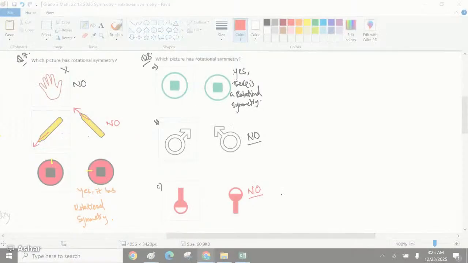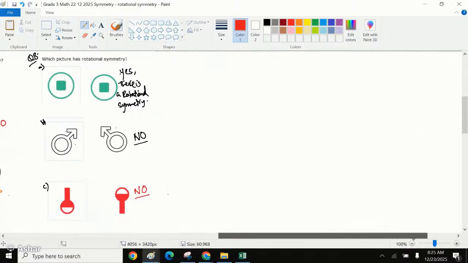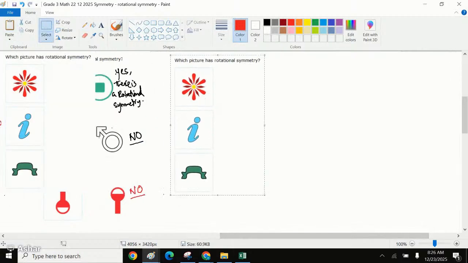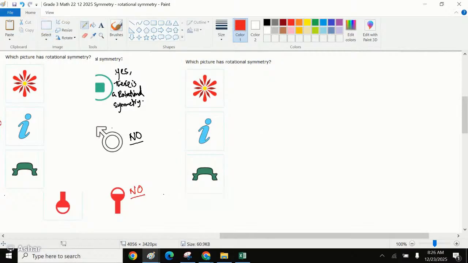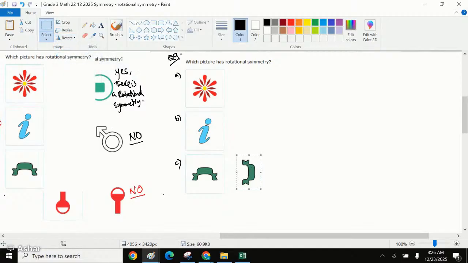Which picture has a rotational symmetry? Let's copy this. In question number 9, they're asking us which picture has a rotation. This is option A, option B, and option C. Let's start off with option C first. If we copy this and rotate it, let's suppose 1/4, do they look the same?